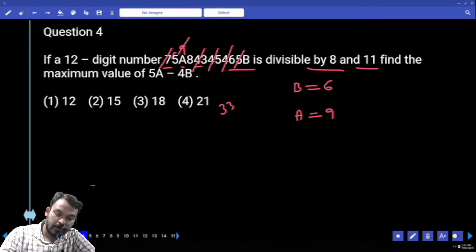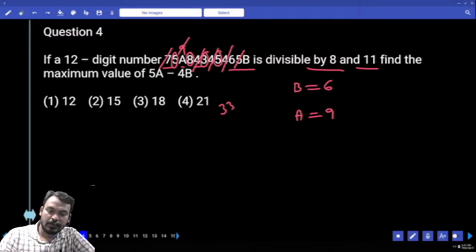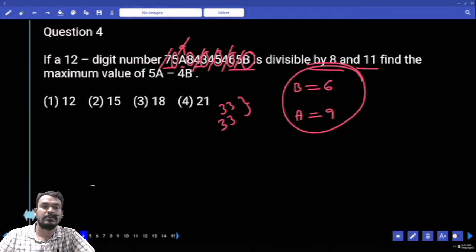Another one, 5 plus 8, 13 plus 3, 16 plus 5, 21 plus 6, 27. What is the b value? 6. 33, difference will be 0. Means a must be 9, b must be 6 or not?